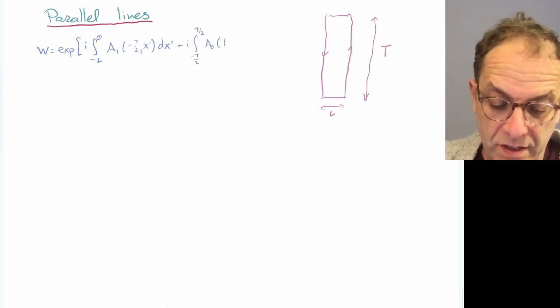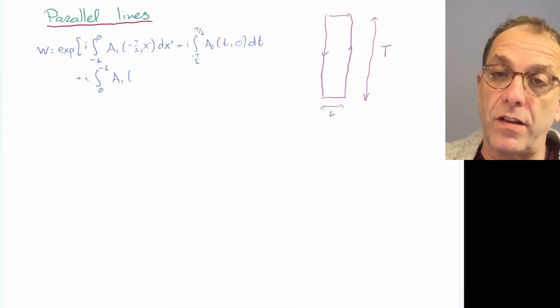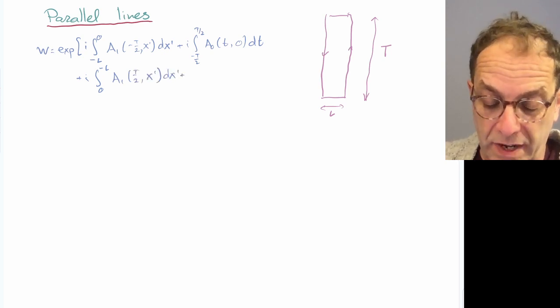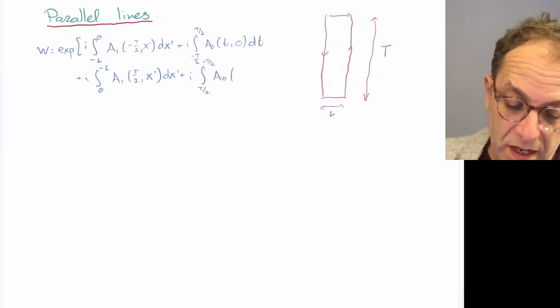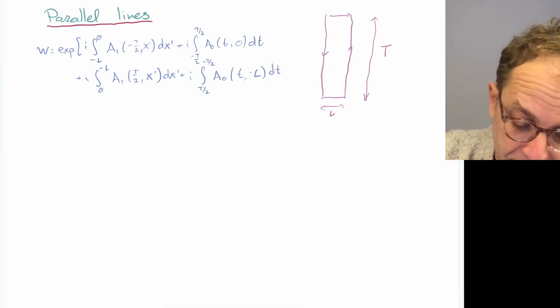You start at minus t over 2 and minus L, and you move along the x1 direction. Then you are at minus t over 2 and 0, and you move in the time direction, and then you close with the 2 other edges.